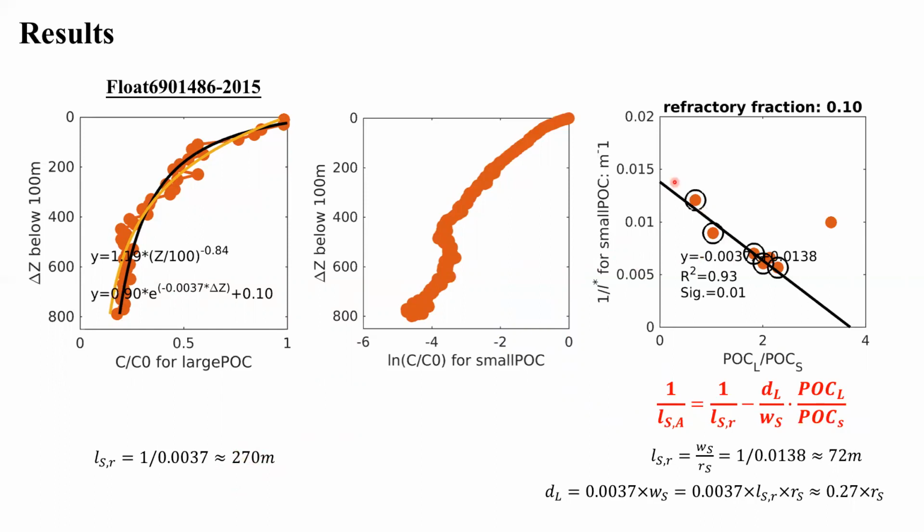So based on this regressed equation, we know that the remineralization length of the small POC, which means if we don't consider the fragmentation, will be about 70 meters. And the fragmentation rate is about 1/4 of the remineralization rate of small POC.